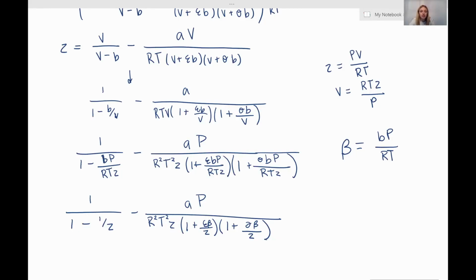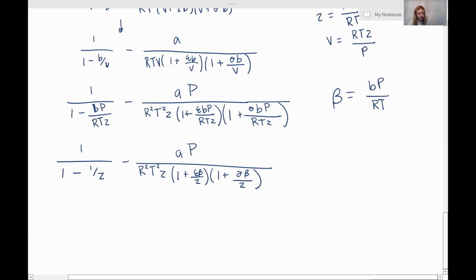Now we can simplify this down even further. If we look at our aP over R squared T squared Z, we can simplify that to say aP over RT multiplied by 1 over RTZ.